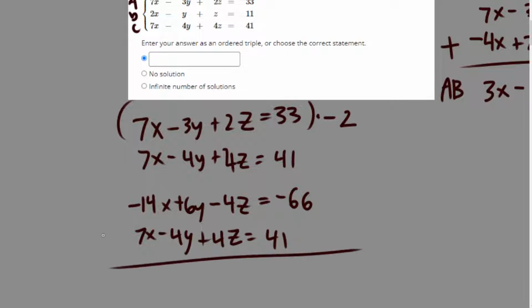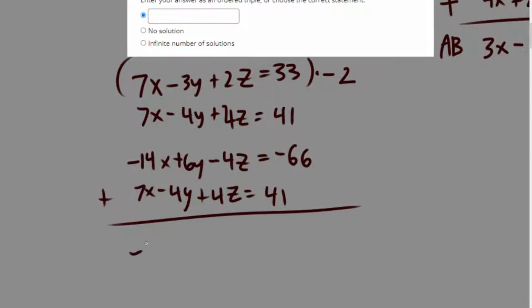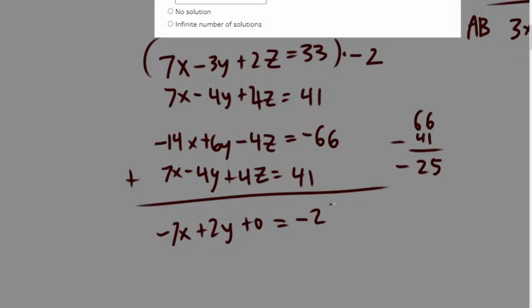Now I'll add these two together. I'll get negative 7x plus 2y plus 0 is equal to negative 66 plus 41. We'll keep the sign of the largest, so we'll get negative 25.